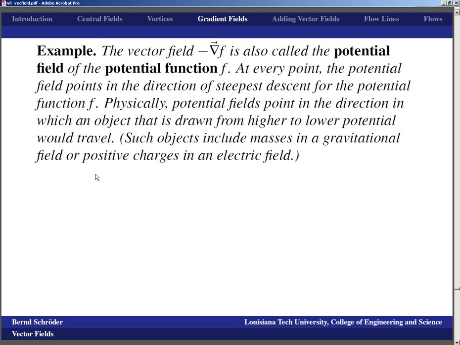Water flows in the direction of the gradient, serpentines down the mountain if the mountain has a riverbed or something like that. Otherwise, it flows straight down. Or also positive charges, where typically the farther away you are from negative charges in an electric field, the higher your potential is supposed to be. And then positive charges are, of course, attracted towards negative charges.